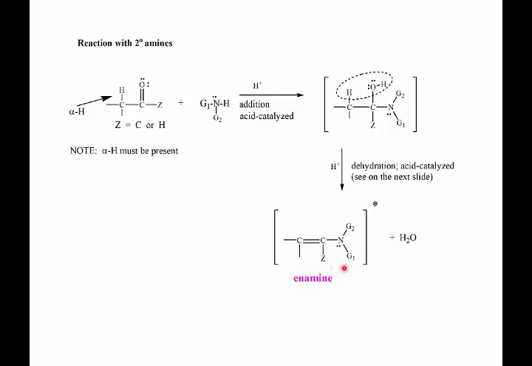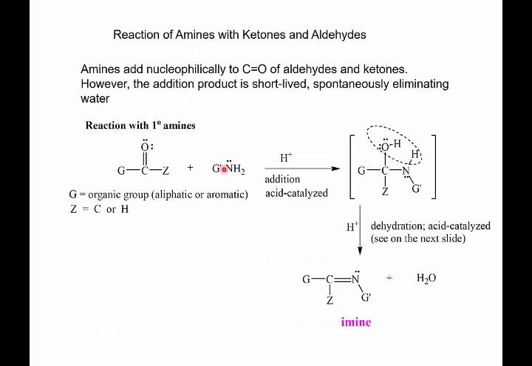All right. Let's look at the mechanism of the reaction of primary and secondary amines. I'll mention that if you mixed in a tertiary amine, not a whole lot happens. So we're going to confine ourselves to reaction with primary and secondary amines only.